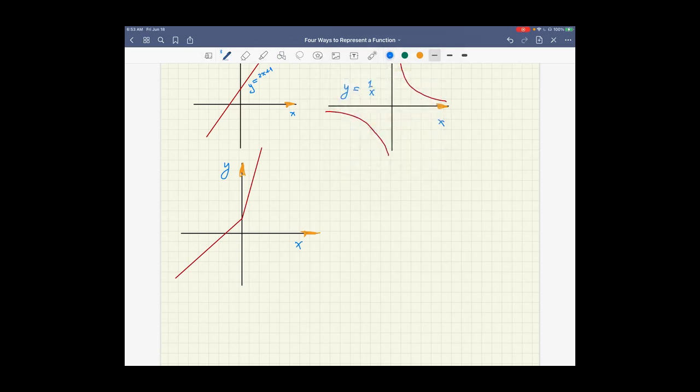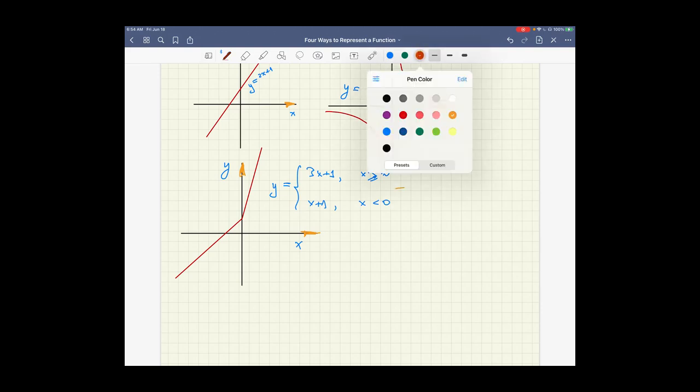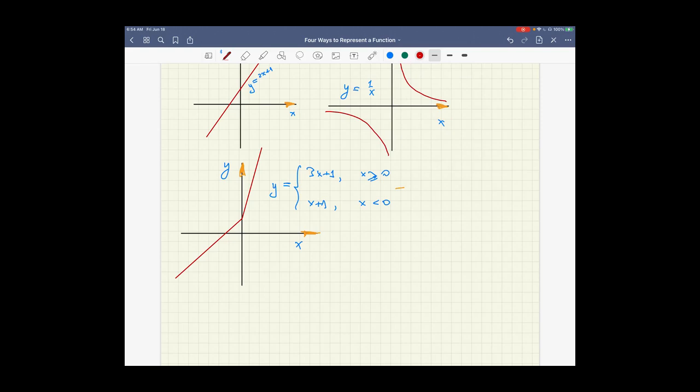This here is the graph of a piecewise defined function. The function is defined by different formulas for different values of the independent variable. It's 3x plus 1 whenever x is non-negative, and x plus 1 whenever x is negative. Piecewise defined function.